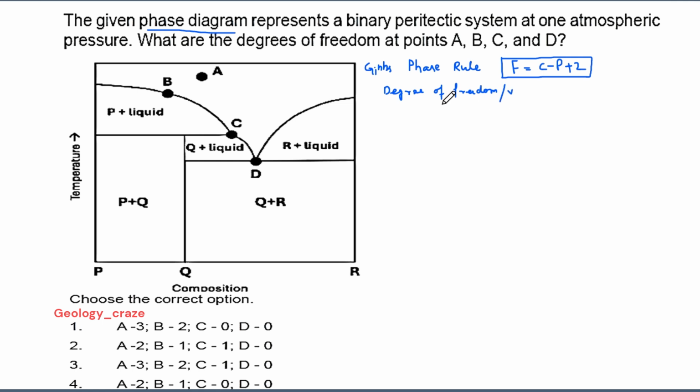Sometimes they ask about the degree of freedom and sometimes about the variance. Both are the same. In a question they can ask either in degree of freedom or in variance. This is our F.